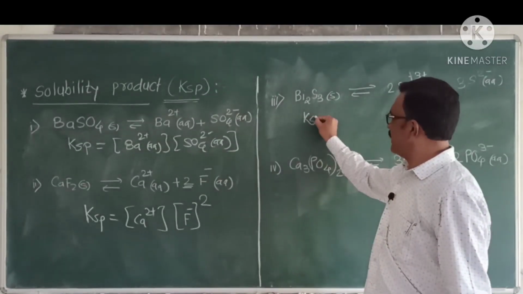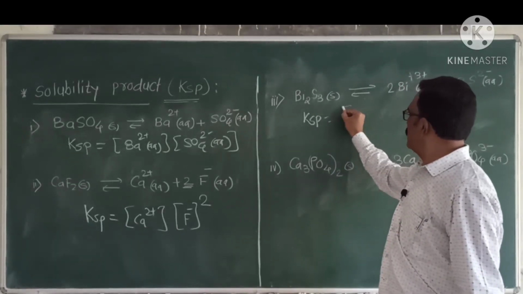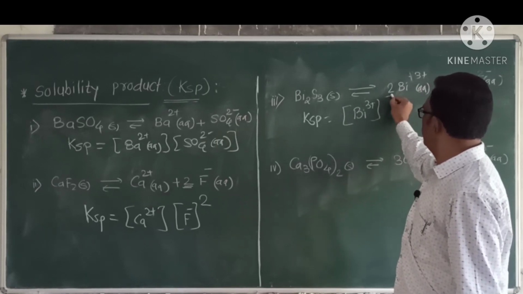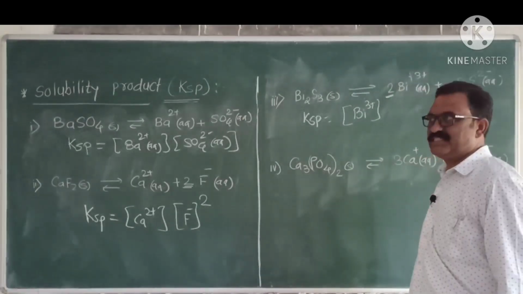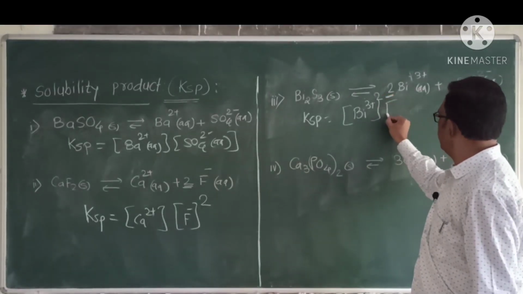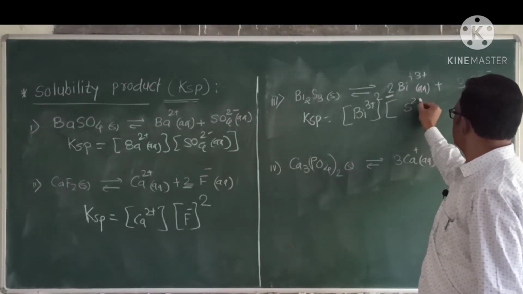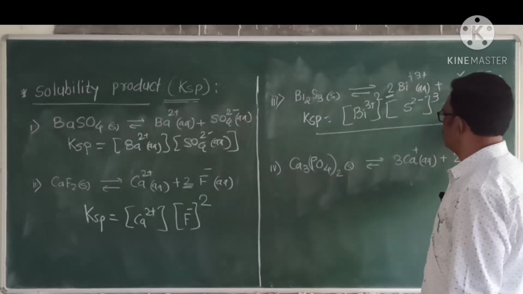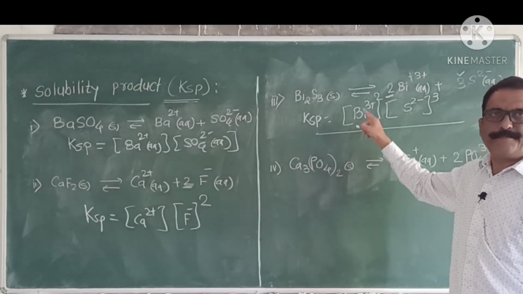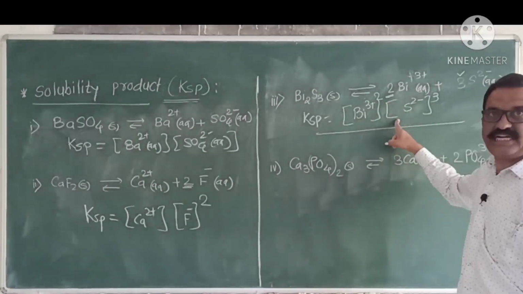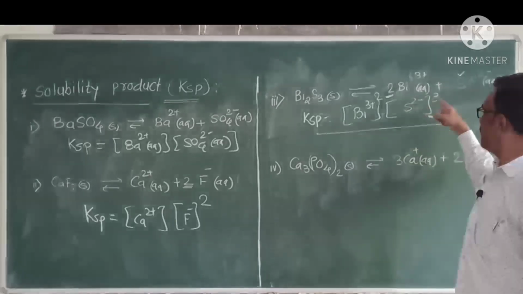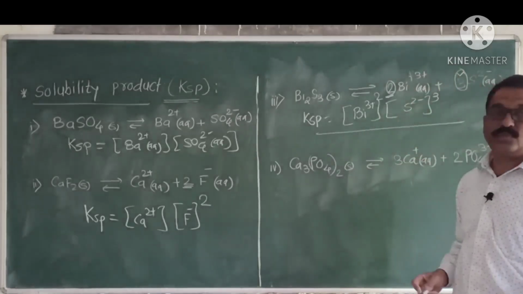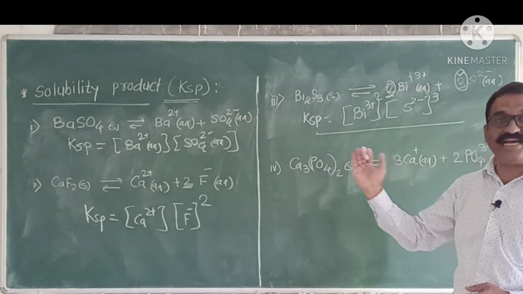Similarly, here Ksp is equal to the concentration of Bi3 plus, whose coefficient is 2, raised to 2, into the concentration of S2 minus, whose coefficient is 3, raised to 3. So Ksp is equal to the concentration of Bi3 plus raised to 2 into the concentration of S2 minus raised to 3, with powers equal to their coefficients in a balanced equation.